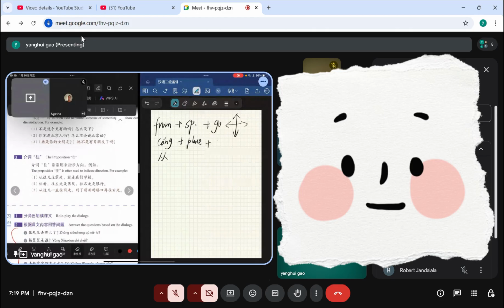So here we use 往 and the direction 前, 后, 左 and 右.